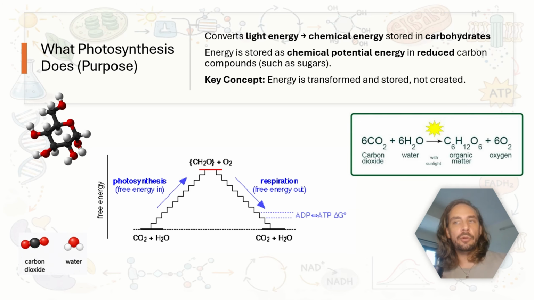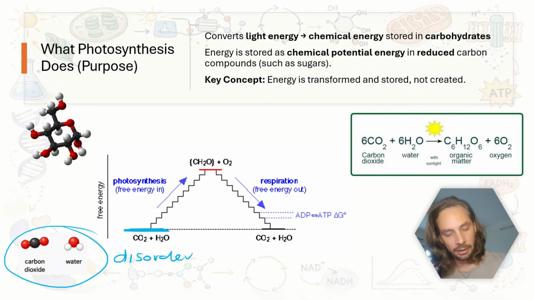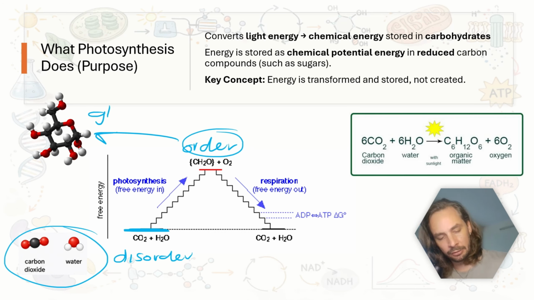Now, the overall purpose of photosynthesis. Overall, we want to move from disorder, so these molecules are disordered, into more order. Here I can see this is a glucose molecule. In order to do that, it's an endergonic process.